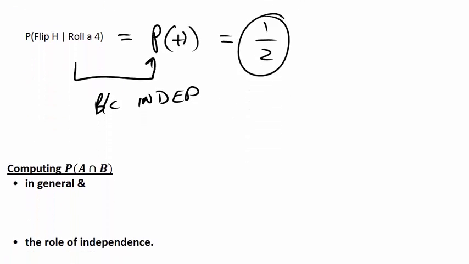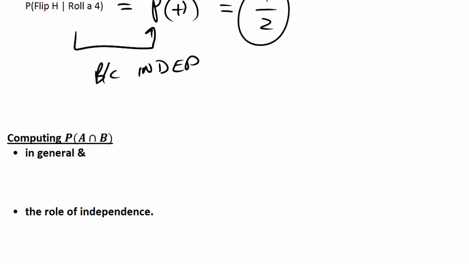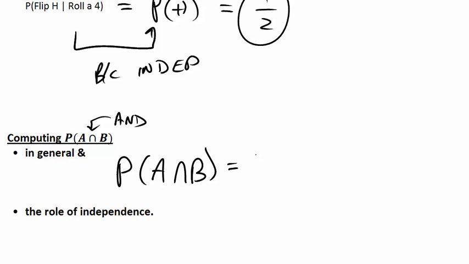All right. So, what about computing a typical AND statement? Remember, the upside down capital U means AND, probability of A and B. So in general, to find the probability of A and B, what has to be true is that both of those events have to happen. So I need to know the probability of A, the first one.